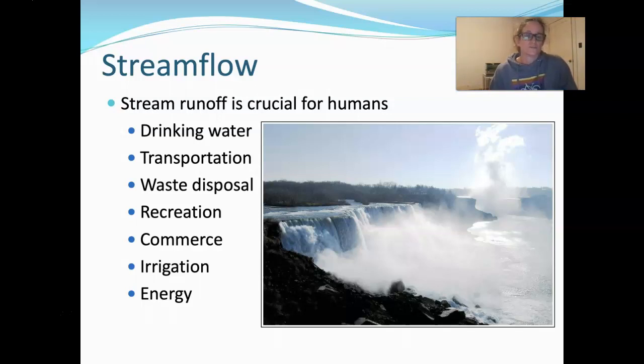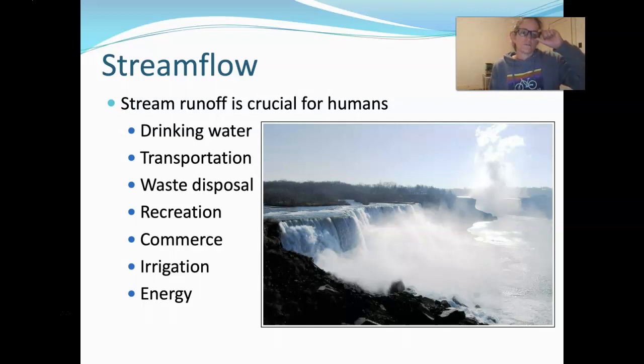For commerce, so moving goods to and from places, the Mississippi River is a big conduit for commerce in the United States. We also mine our streams and pull water off for irrigation. We'll talk about the West and the Colorado River and how much water is taken off for irrigation later in this section on streams.